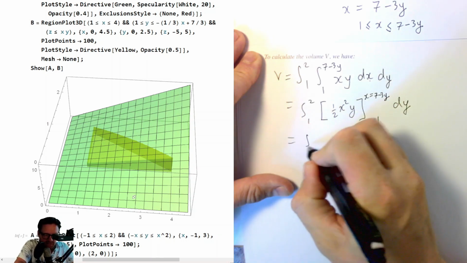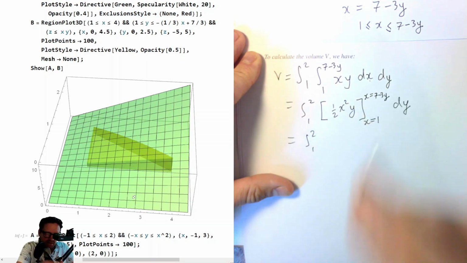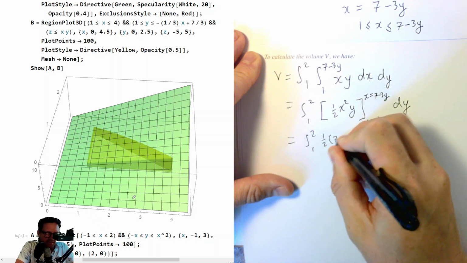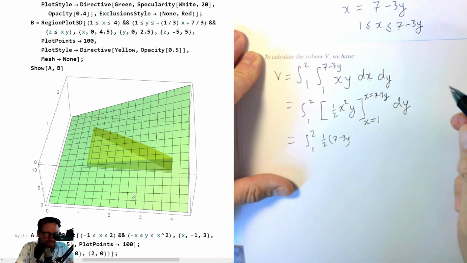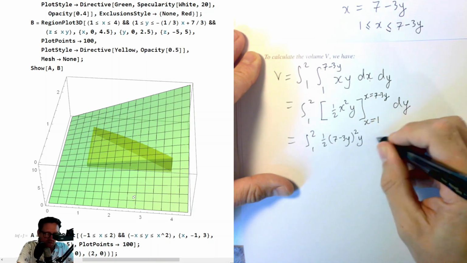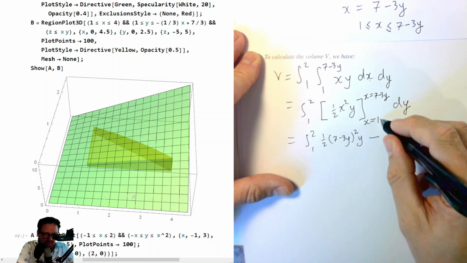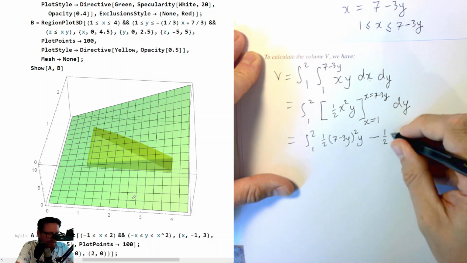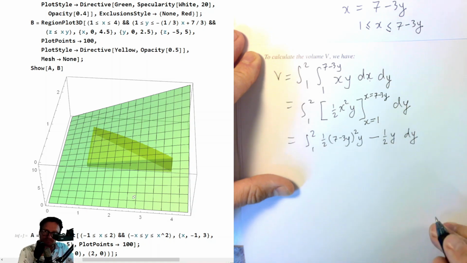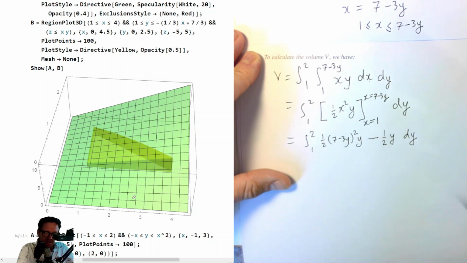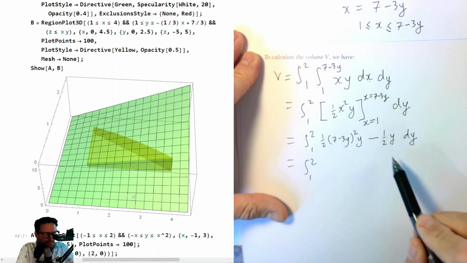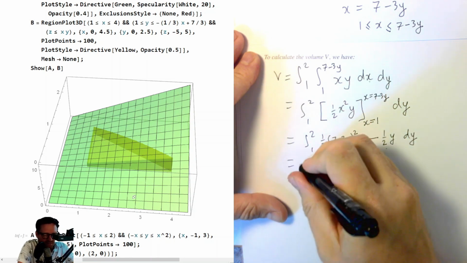Okay, so we've got integral from 1 to 2, and then here we're subbing in x equals 7 minus 3y, so 1/2 (7 minus 3y) squared times y, and then subtracting, subbing in x equals 1, so 1/2 times 1 squared times y. Okay, so now we want to expand and simplify this. There's a 1/2 in both, so let's pull that 1/2 out.